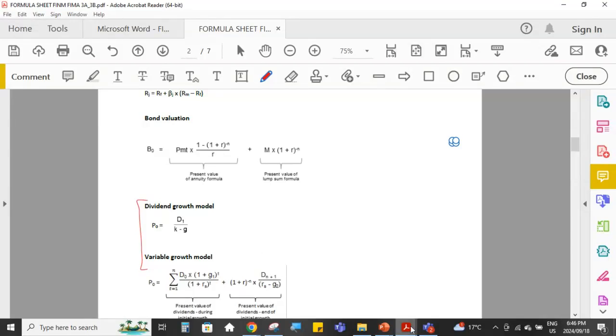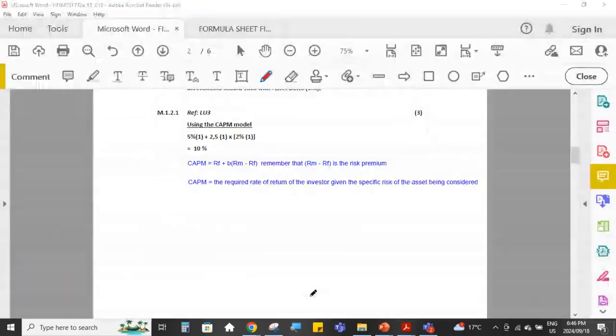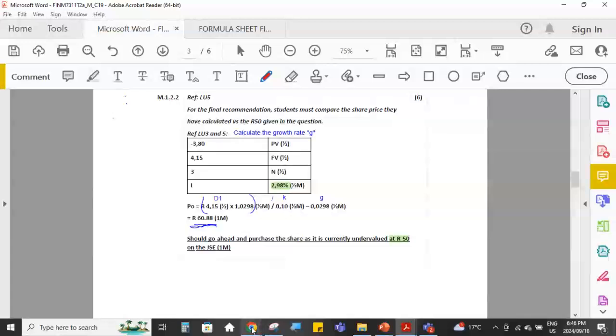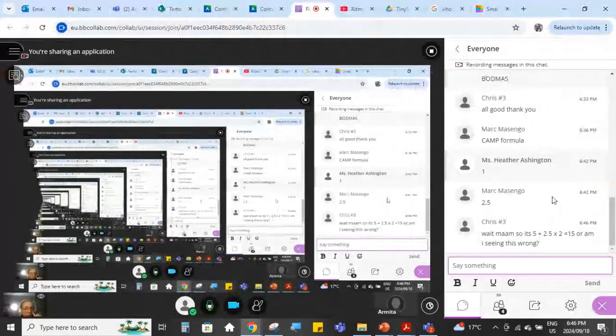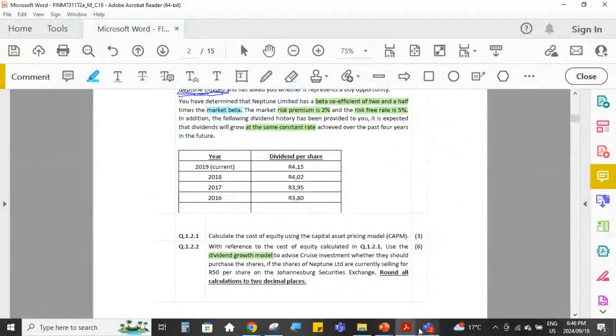So let's go and have a look at what that answer would look like. Chris says it's 5 plus. So remember your brackets, Chris. Let me just go back and have a look. I can't remember exactly what the values were.